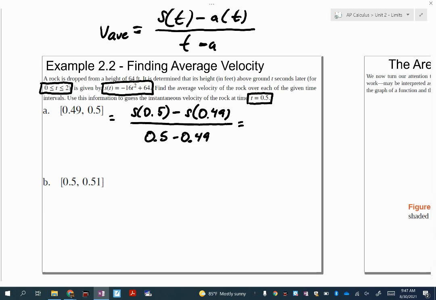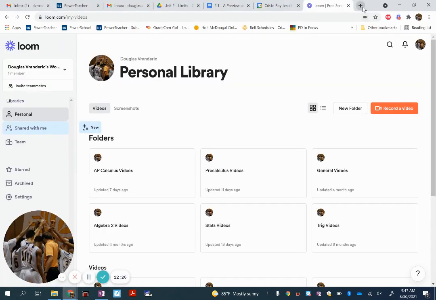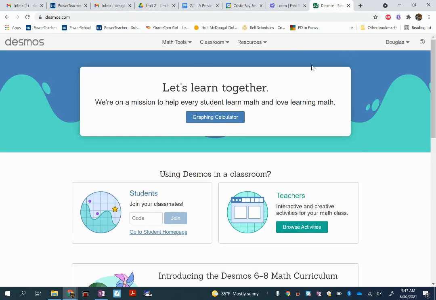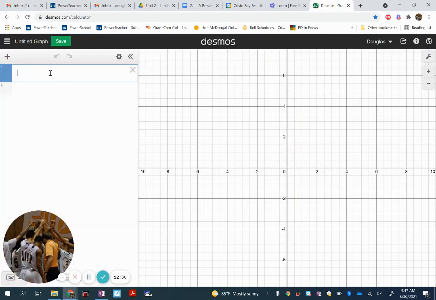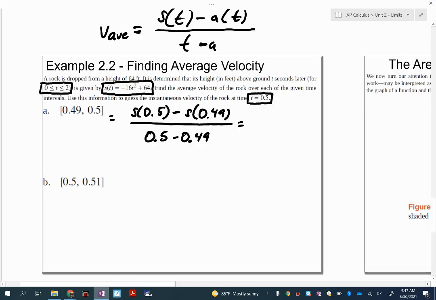I'm going to plug in 0.5 for t, and then 0.49. Negative 16 times 0.5 squared, and then I think it's plus 64. Confirm.